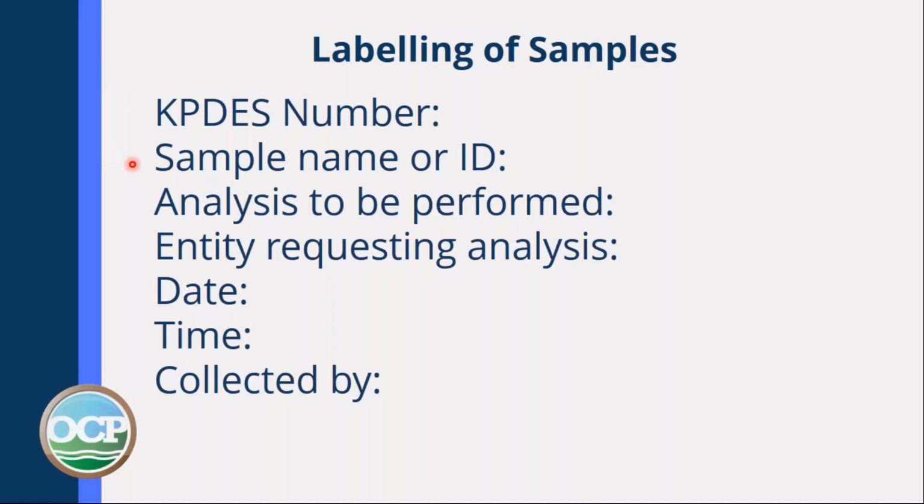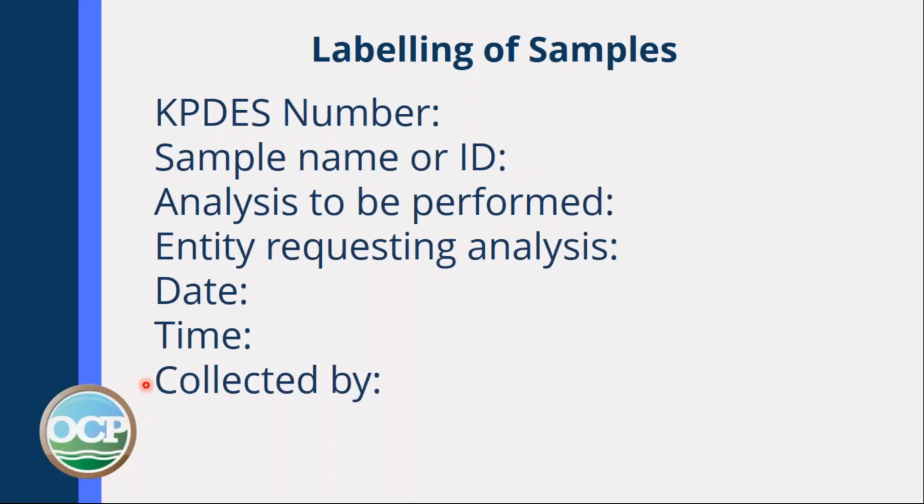I don't know how many of you use a system with barcodes or QR codes, but that would be a useful thing to look for. What you're going to test, what the analysis will be performed on that sample. Who is requesting the test, the date, the time the sample was collected if it's a grab sample, and who collected it.